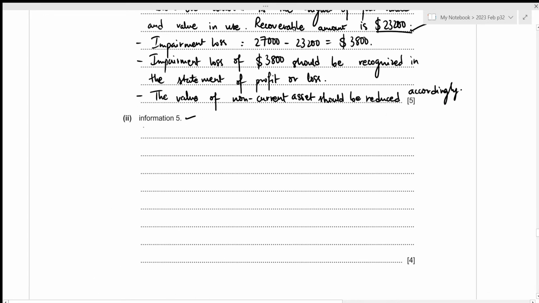So that's IAS 37 of provisions, contingent liabilities, and contingent assets. Okay.